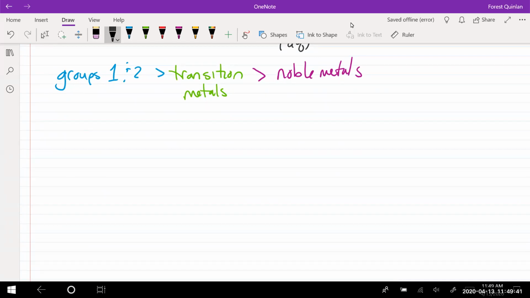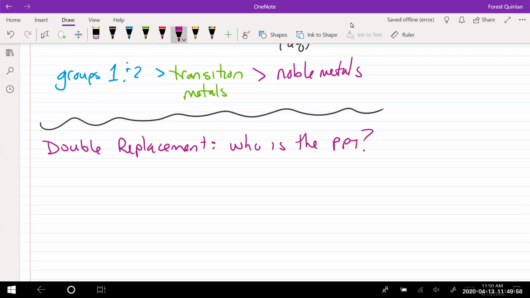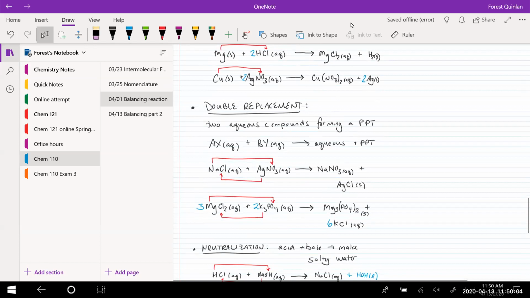So let's talk about the double replacements. I told you, you are going to have to tell me this: double replacement, who is the PPT? Let's go back real quick. I'm going to give you just this on the left. You won't see anything on the right.